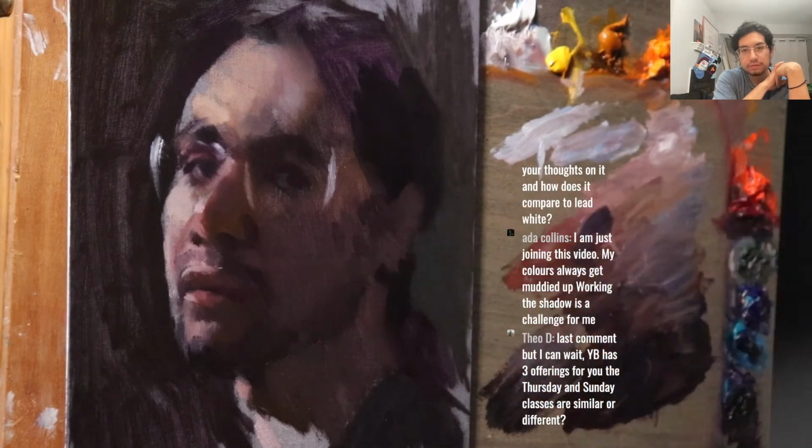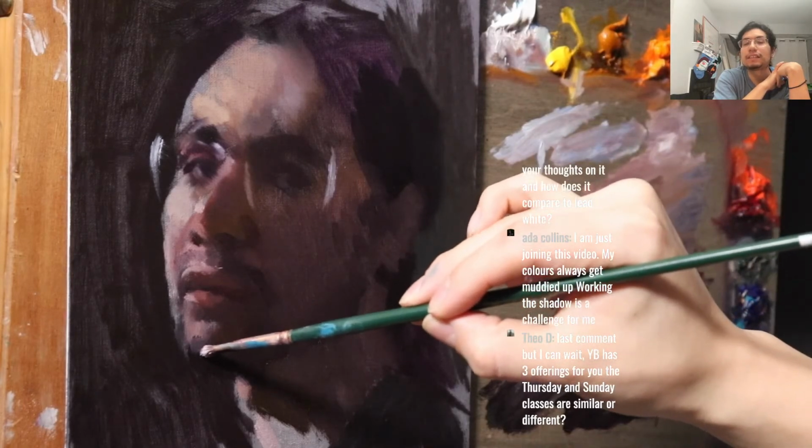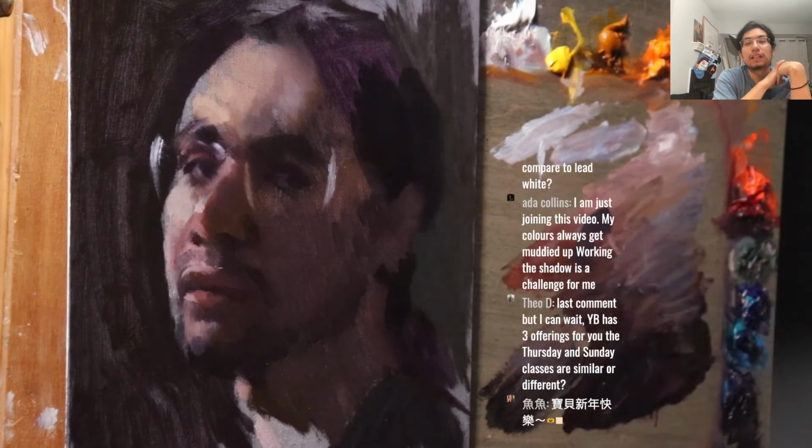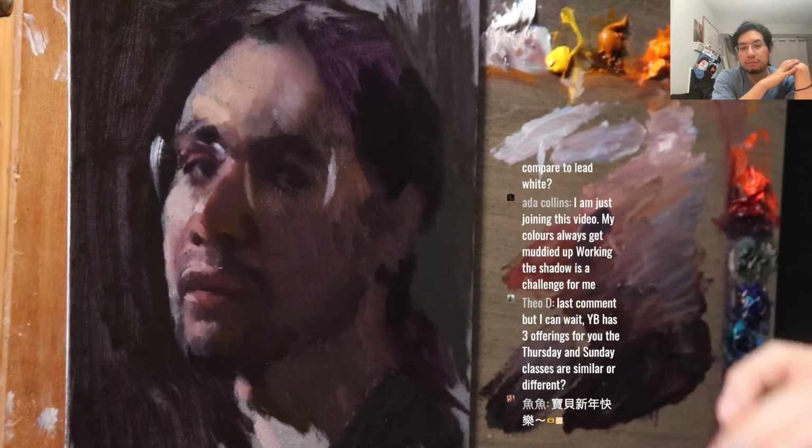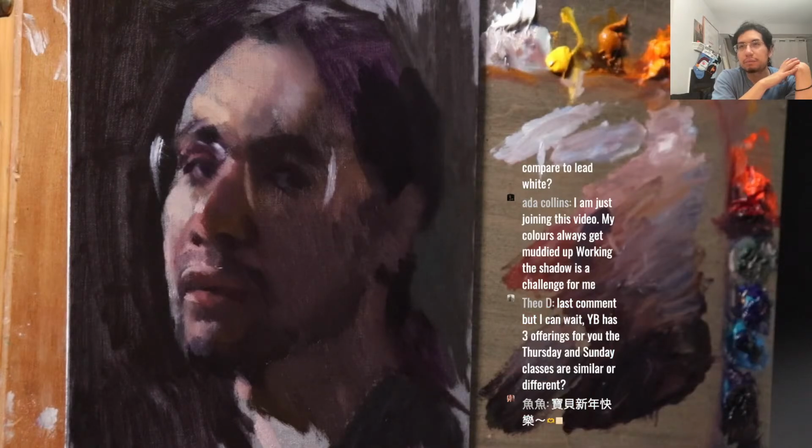A muddy color or an ugly color is a color that doesn't relate to the surrounding colors. If you take a color in isolation, it can be less appealing. You should always look at colors in relation to one another.